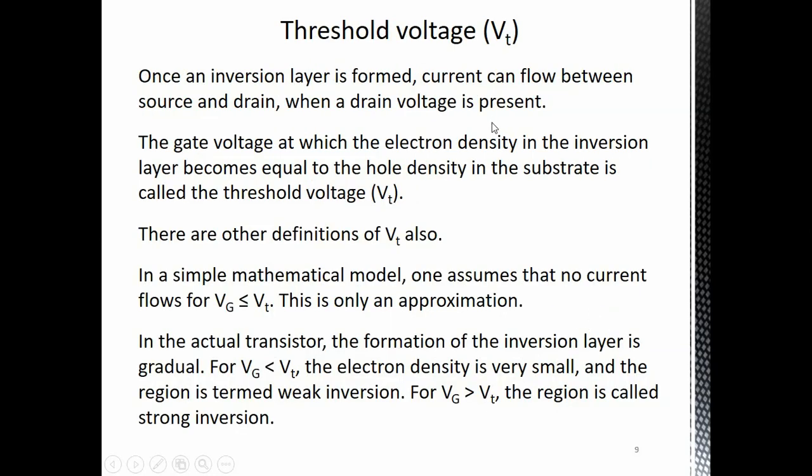Okay, let us talk a little about the threshold voltage. Again, I'm assuming you know the term threshold voltage. The threshold voltage is defined as the gate voltage at which the electron density in the inversion layer becomes equal to the hole density in the substrate. Alright, that is the threshold voltage.